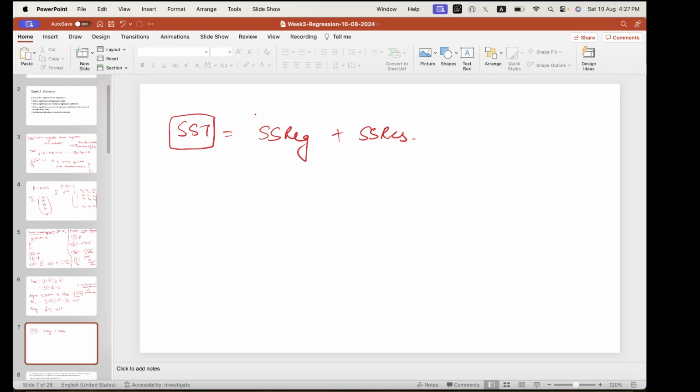The first is the part which your regression takes care of, so this part of the total variance is explained by your regression, and this is the unexplained part. Then the proportion of explained variation would be SS regression by SST, and the proportion of unexplained variation would be SS residuals by SST.